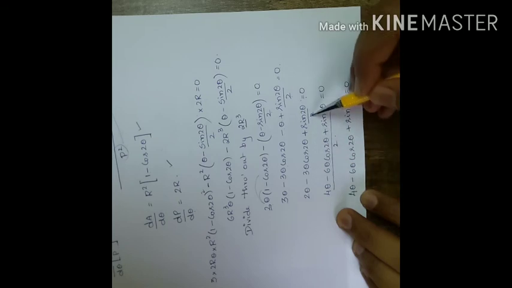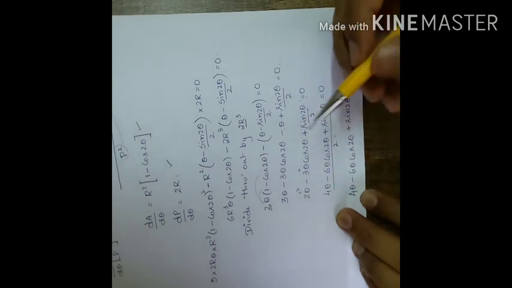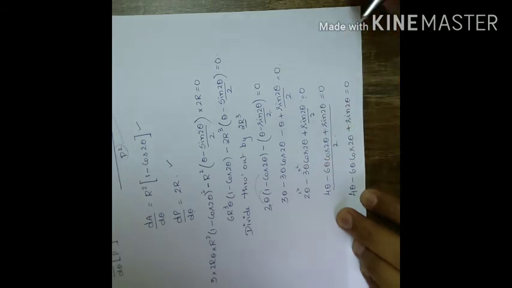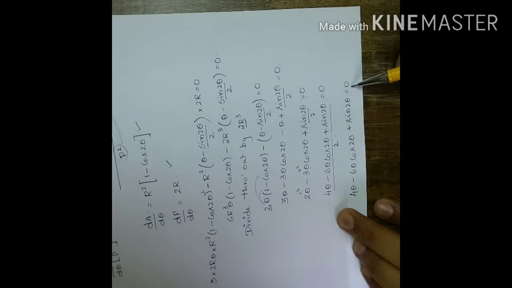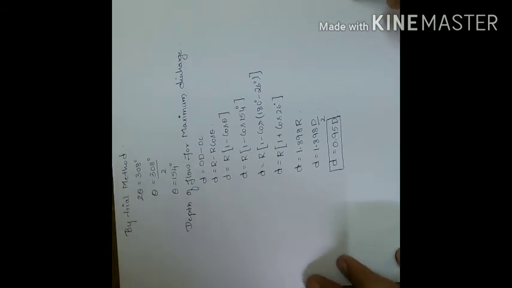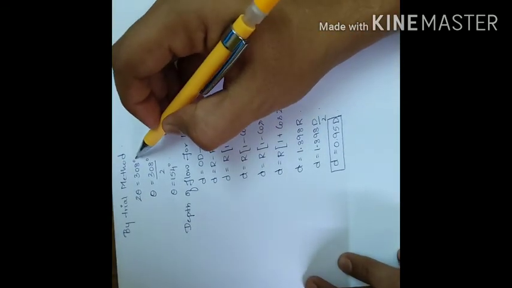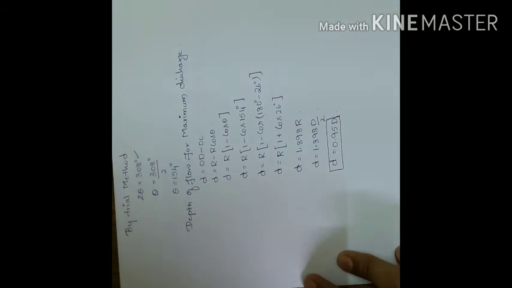Taking the LCM, which is 2, I need to multiply here by 2 and here by 2. Again the LCM 2 will become 0. This is the final equation that will be left. By the trial and error method, again we are getting 2 theta as 383, so theta will become 154 degrees.